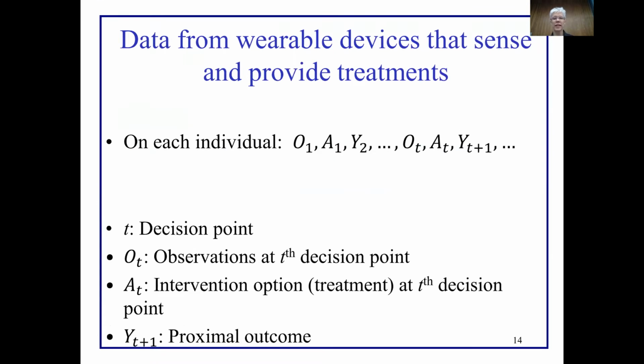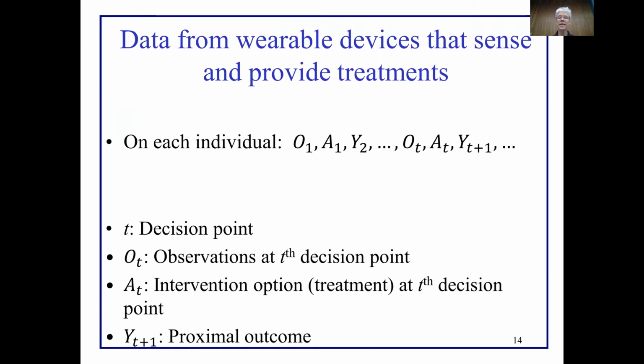So let's think about the kind of data you might get on each participant, each individual. This is akin to a time series, and the O's represent observations at a particular time, a decision point we call it. The A's represent some coding of the possible different kinds of intervention options. I'm going to talk about this a little bit more on the next slides.